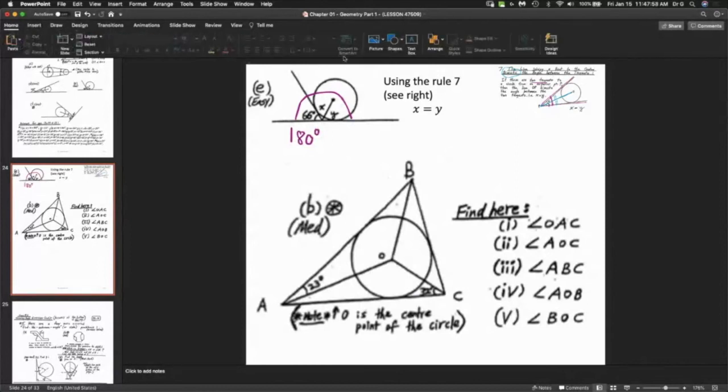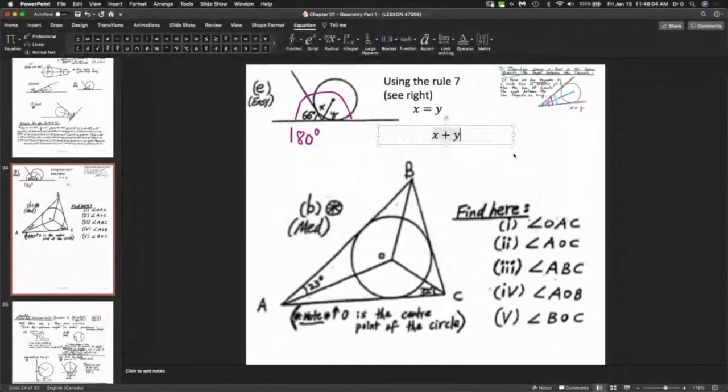Let's do this. So we have here x plus y plus 66 equal to 180. But we know that x equals y, so that's x plus x plus 66 equals 180. 2x equals, what's 180 minus 66?